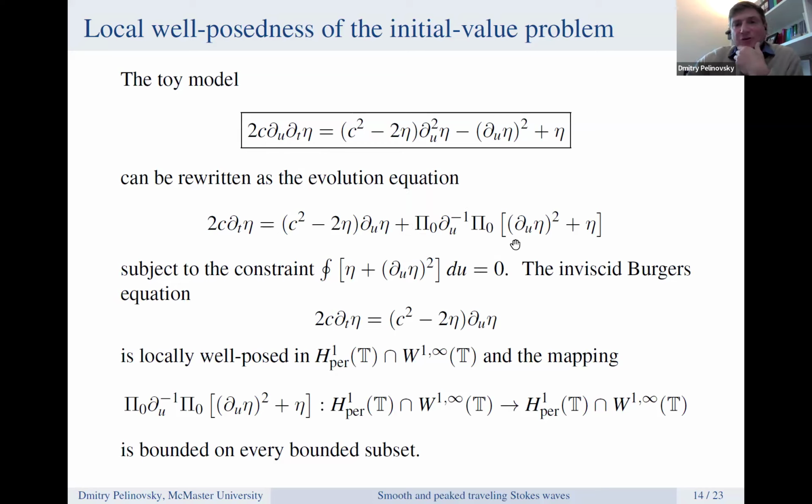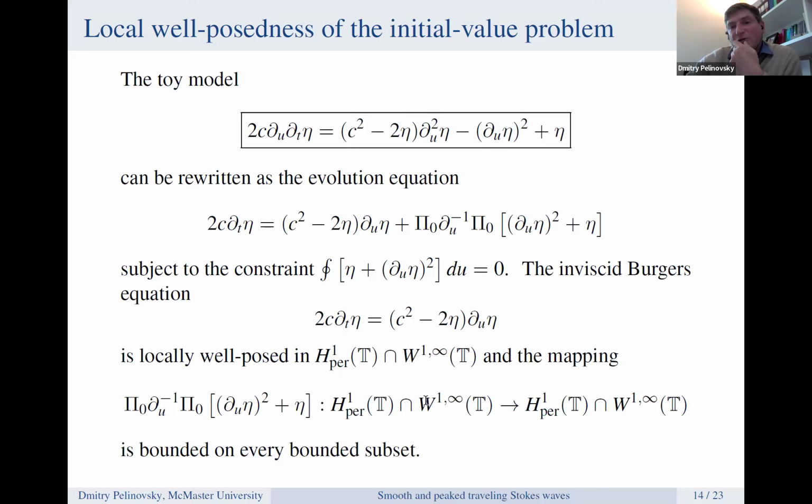In this evolutionary form, we can prove well-posedness theory quite easily because the right-hand side is a sum of two parts. The first part is local, and it is the inviscid Burgers equation, solutions of which are well defined by characteristics in the space of H1 with bounded slopes. So for the Burgers equation, we always have to control the slopes. And the second part, the non-local part, is a bounded operator on every bounded subset in that space as well.